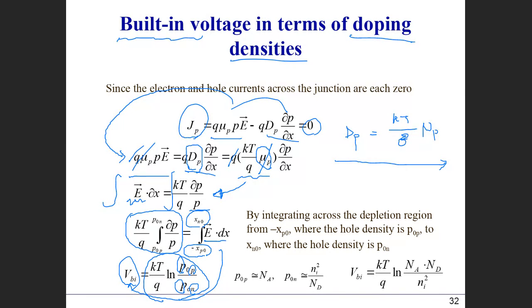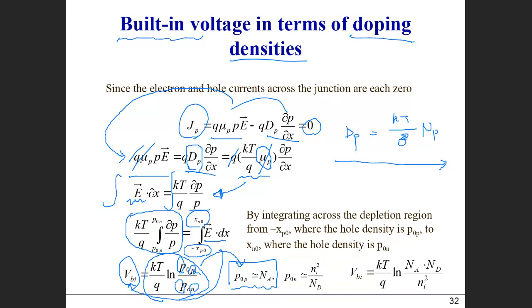Typically, the P side hole concentration has a relationship with this equation. The P side hole is the majority carrier, and the number of majority carriers is related to their doping.